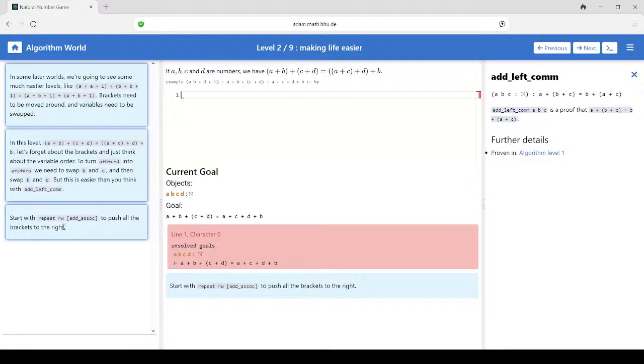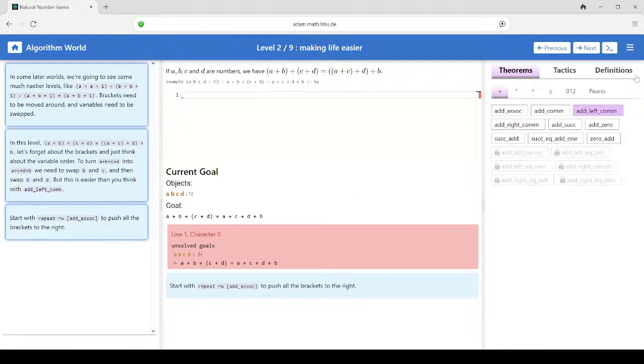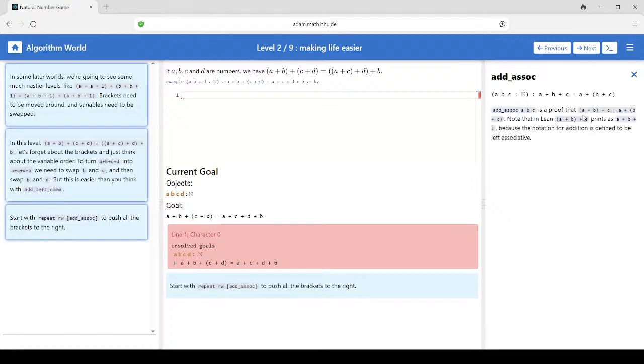Start with repeat, rewrite, add associative to push all the brackets to the right. So what is add associative? Is the proof that a plus b plus c equals a plus b plus c. So like it says, it pushes the brackets to the right.